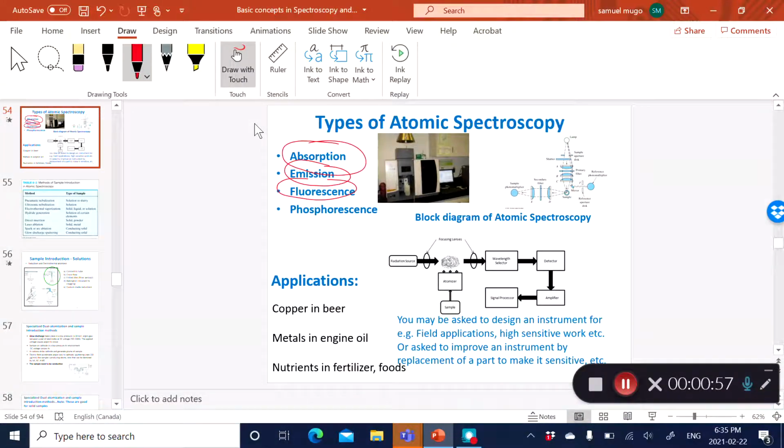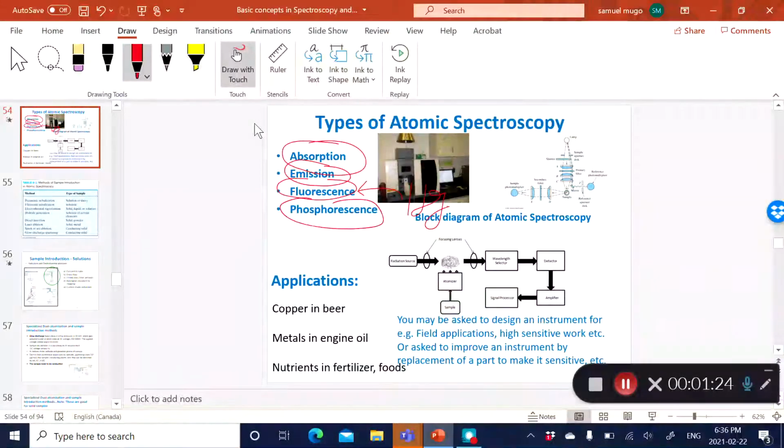But I'm going to give you at least one example of an element that tends to undergo fluorescence, which is typically mercury. The other elements typically do not undergo fluorescence. So in essence, you've got only one commercial type of atomic spectrometer based on fluorescence, and that is a mercury detection system.